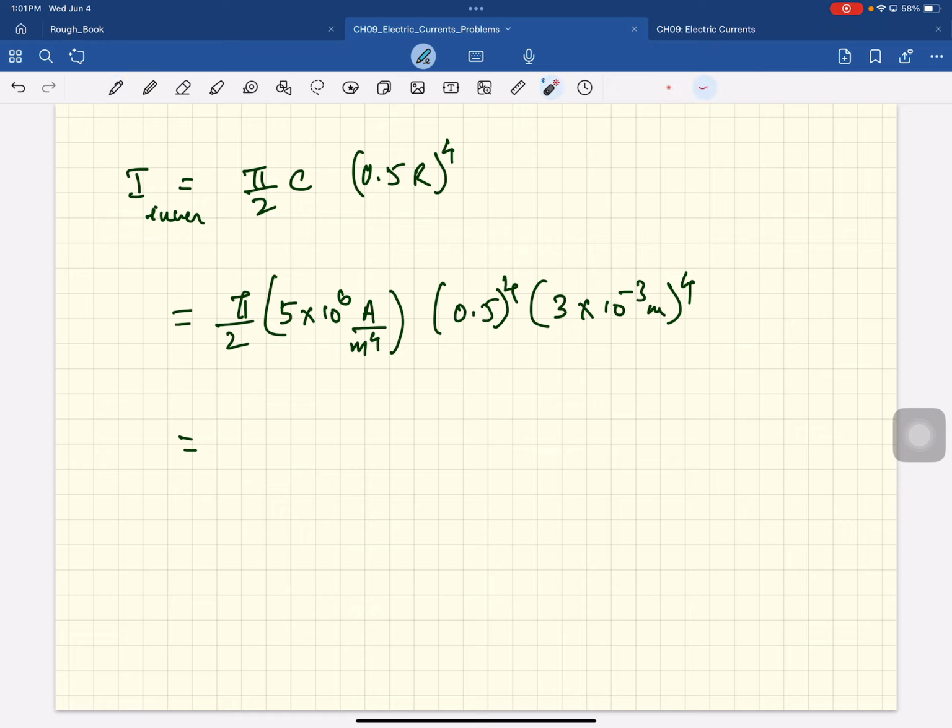Okay, this is 10 to the 12, and so that becomes 10 to the minus 6. So pi by 2, 5 into 0.5 to the power 4, 3 to the power 4 into 10 to the minus 6. That is 1.5 to the power 4. Amperes.